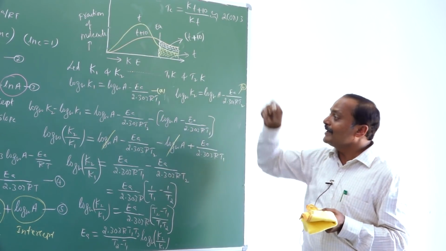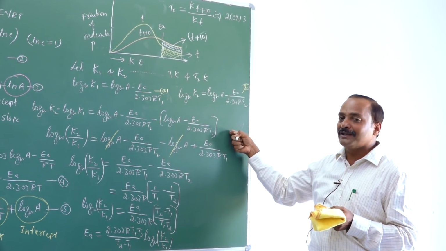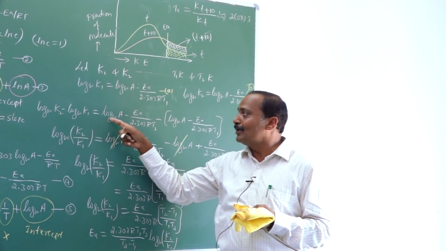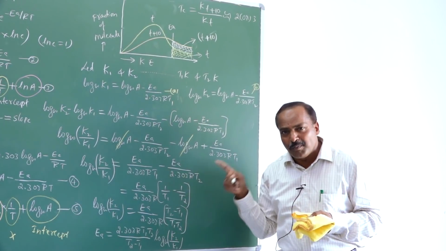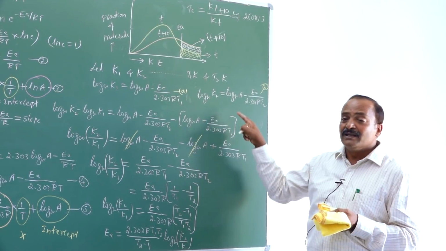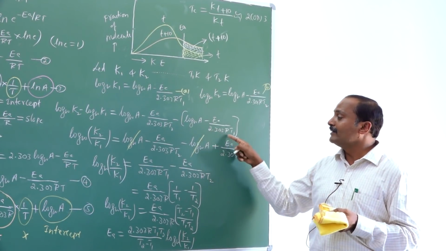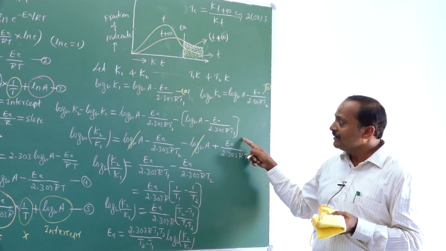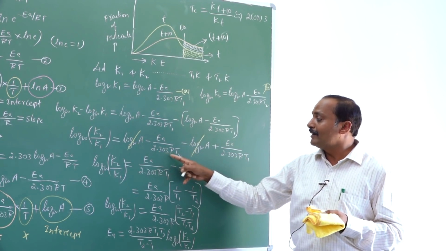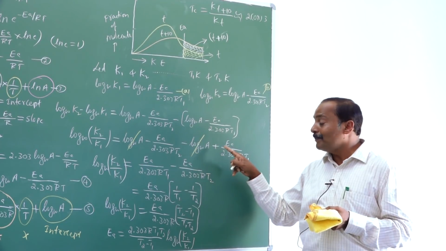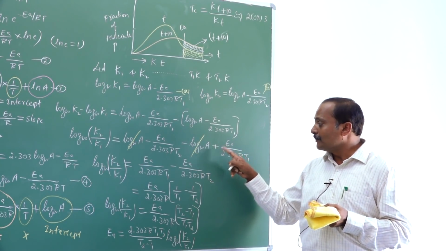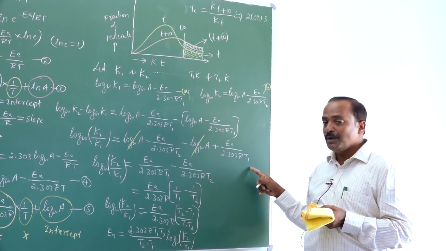Equation B minus equation A, we get log K2 minus log K1 is equal to log A minus A by 2.303 R T2 minus log A plus A by 2.303 R T1.